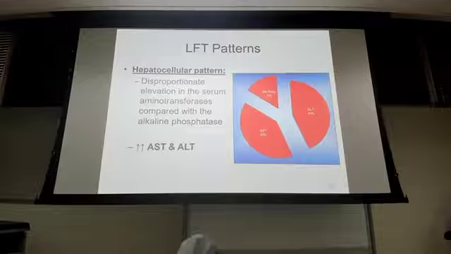And there's a graphic there to show you. And that's in relation to alkaline phosphatase. So if you see AST and ALT markedly elevated, but your alk phos is around normal, then we're going to say, hey, this is probably going on inside the liver cells proper.